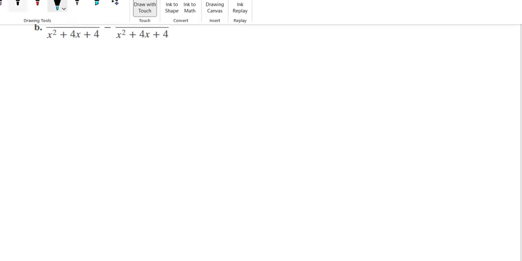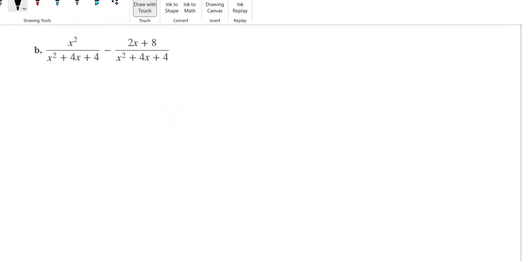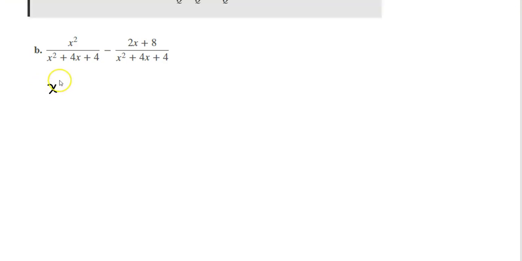Alrighty, here we're going to have x squared, which is fine. That one is completely factored. We're happy with it. But let's look here. We've got x squared plus 4x plus 4. Notice carefully, I've got a perfect square.